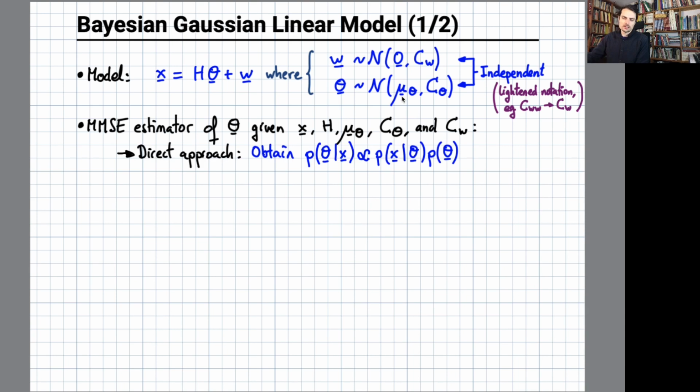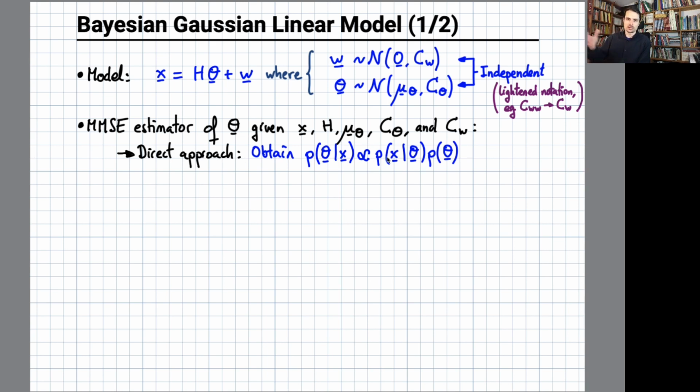And there are two ways to accomplish this task. One is to proceed in the same way as we did in our example of DC level estimation. We can just find the posterior PDF by multiplying the likelihood and the prior, right?